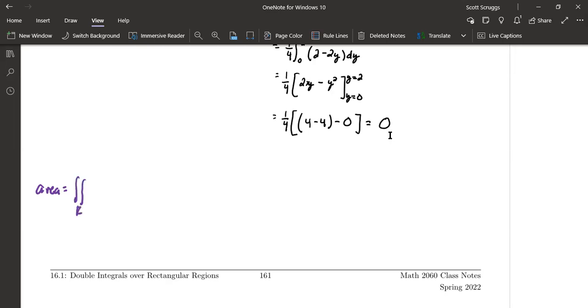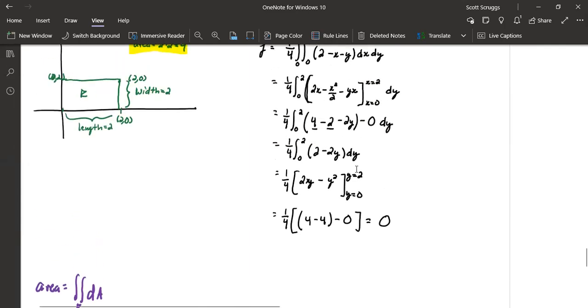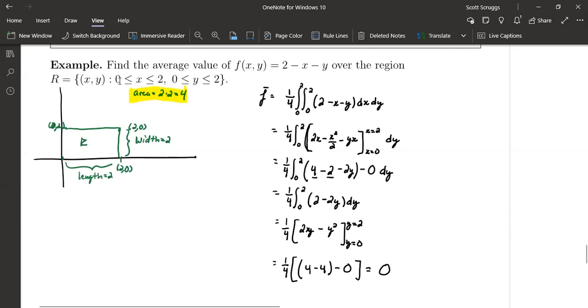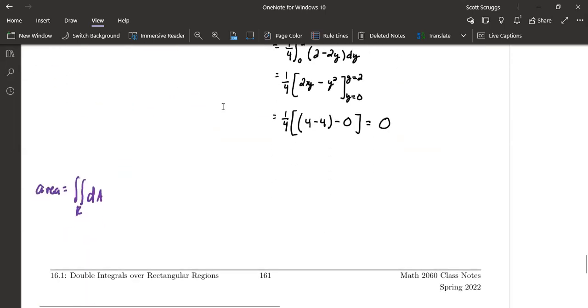Calculate the double integral of just a constant. And because in this problem, my region is just the rectangular region where x goes from 0 to 2 and y goes from 0 to 2, rewriting this double integral as an iterated integral will mean I go from 0 to 2, 0 to 2, dy dx.